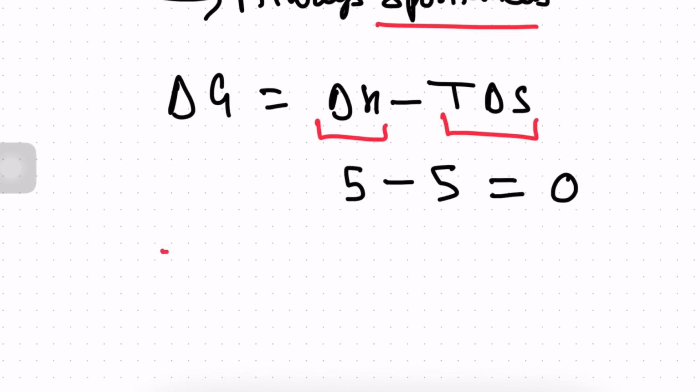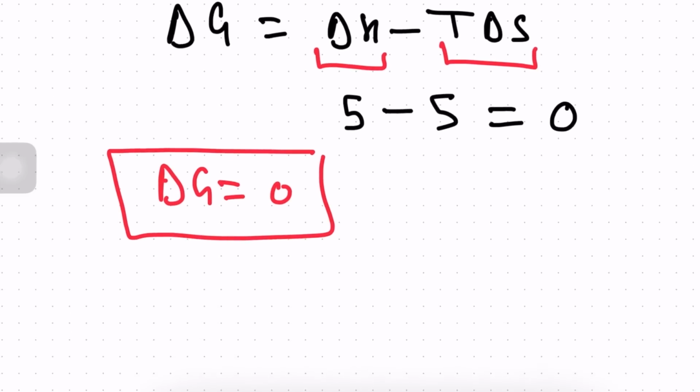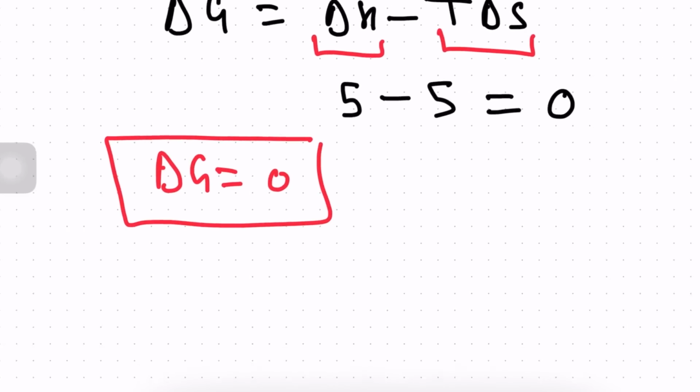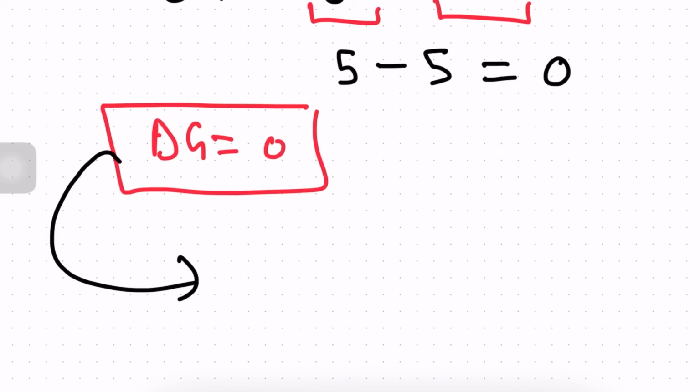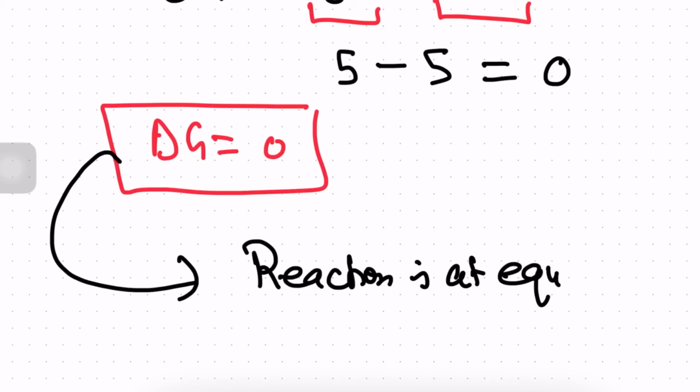Now think, when you have delta G value 0, in what condition is the reaction? Always remember, when the change in Gibbs free energy is 0, the reaction is at equilibrium. Hopefully you are going to remember this.